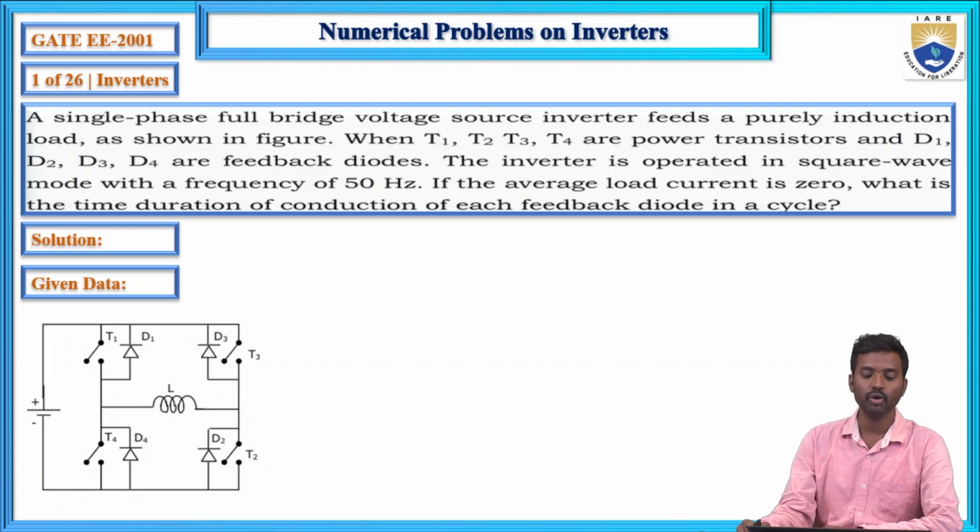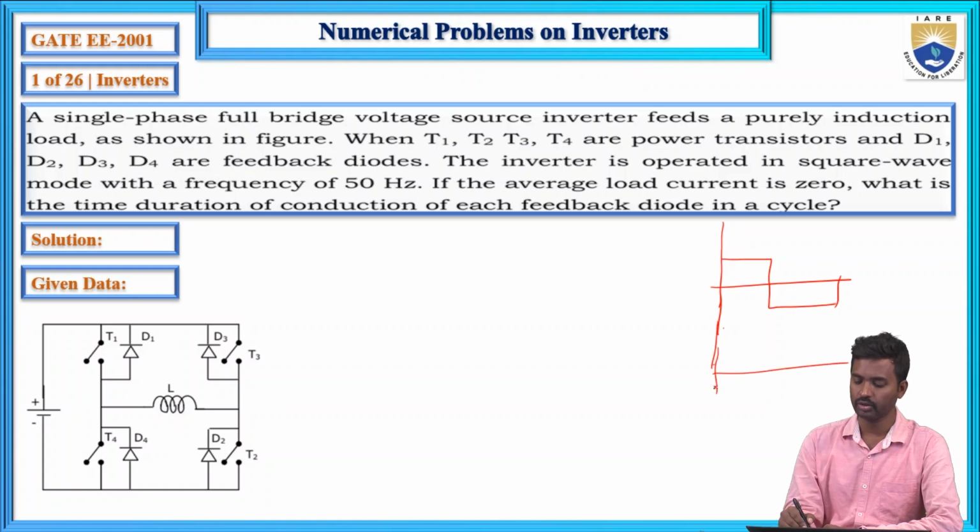Here this is the full bridge voltage source inverter, and this is the output voltage V0. Now what about the current? The current waveform is triangular.